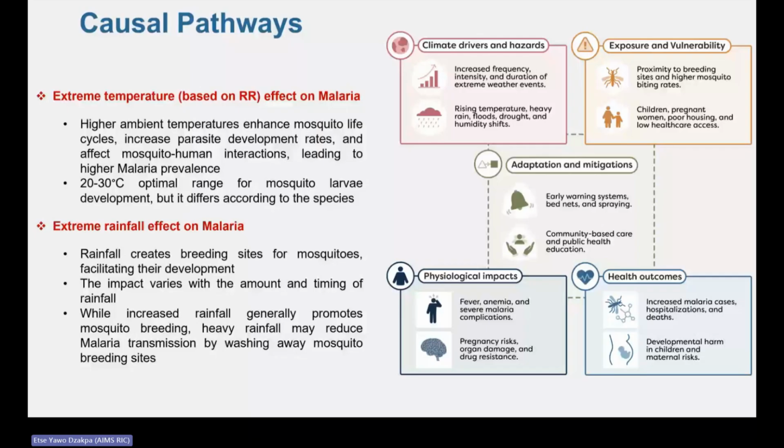So here we realize that the impact pathway is very complex, and we need to identify clearly at which level extreme rainfall or extreme temperature affects malaria. The impact might be high if we don't have any adaptation or mitigation policy in place, leading to fever, anemia, globally increasing cases of malaria, and complications in giving birth for pregnant women.